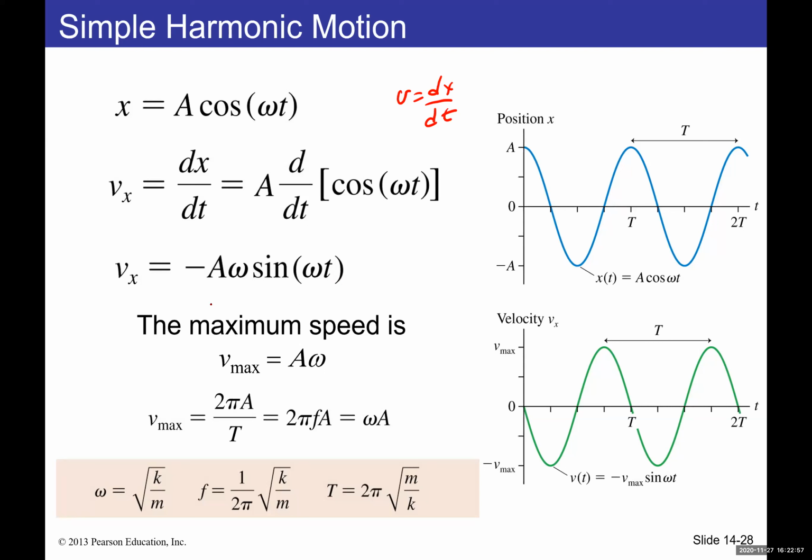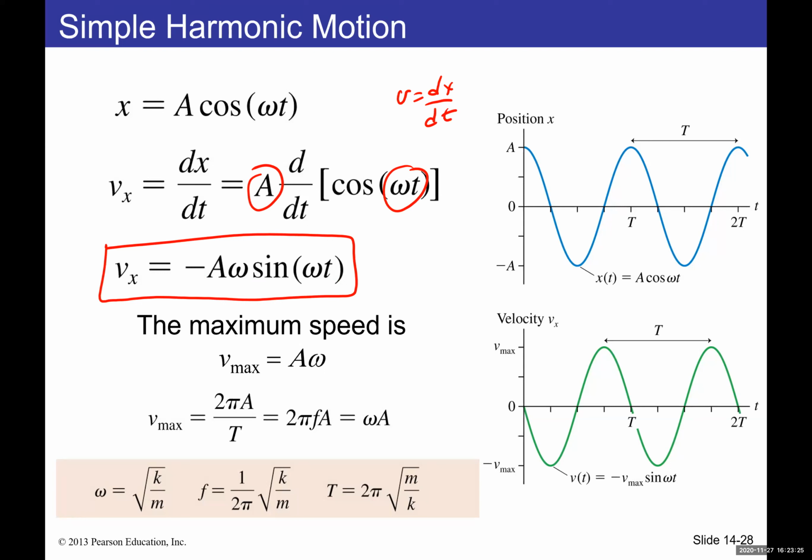But then we also have to do the derivative of the argument. The derivative of omega t is omega, so we introduce omega there as well. So velocity equals negative A omega sine omega t. Again, negative because the derivative of the cosine is a negative sine, A is there because the amplitude was a constant, and omega comes from the derivative of the argument of the cosine function.